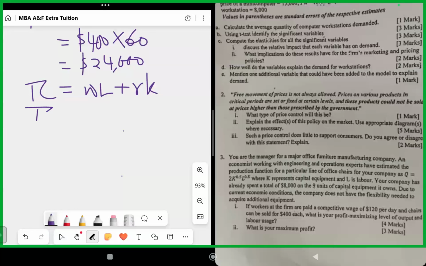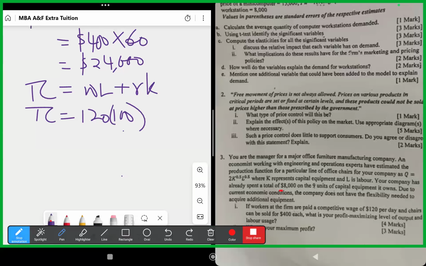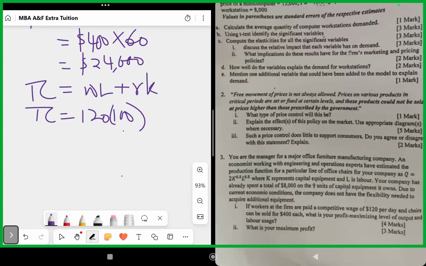So the total cost equals the wage, which is 120, and the labor, which is 100. And it says that the company has already spent 8,000 on the 9 units of capital equipment, meaning this is the total cost the company spent on the 9. In other words, it's just like saying that the RK is equal to 8,000.